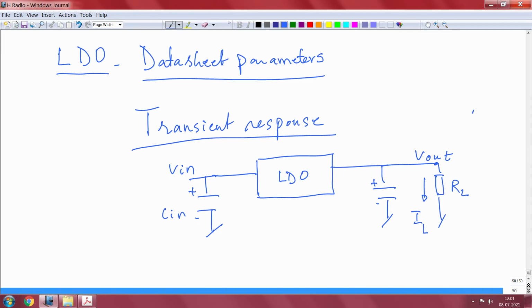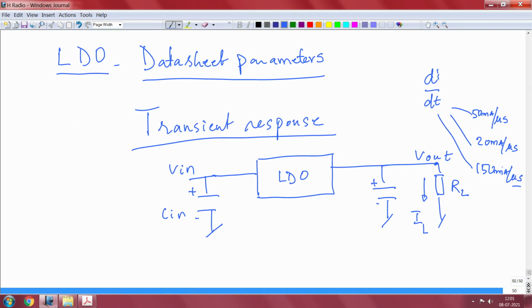Sometimes it may draw a 50 milliampere spike in 1 microsecond, sometimes only 20 milliamps in 1 microsecond, sometimes 150 milliamperes in 1 microsecond. You can see this di by dt is the trouble creator for you. Okay. Of course di by dt is highest in this third case.